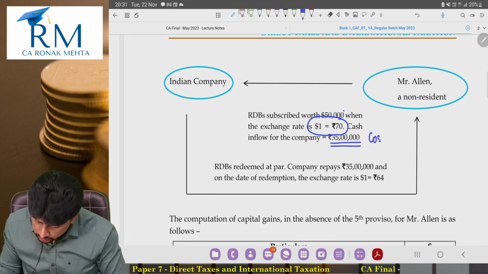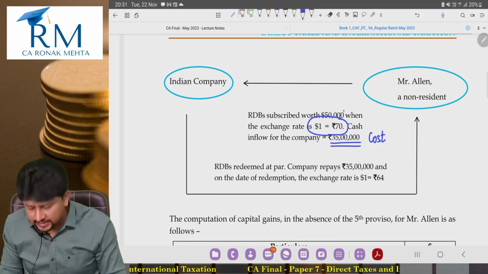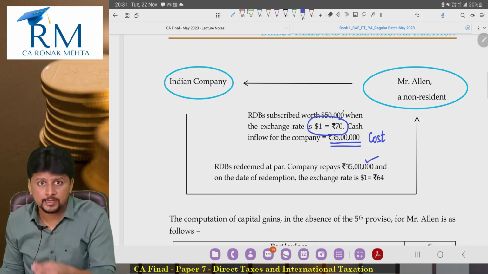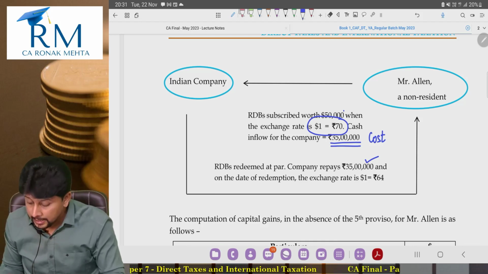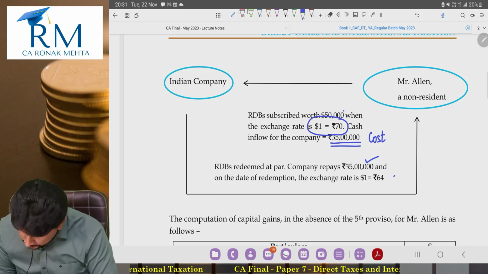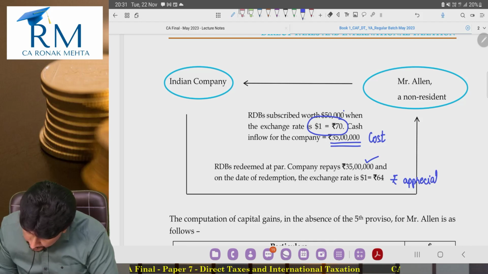This was the cost. Then the rupee denominated bonds are redeemed at par. So the Indian company paid 35 lakhs, in rupee terms. And 70 became 64. So that means the rupee appreciated. The rupee became stronger.